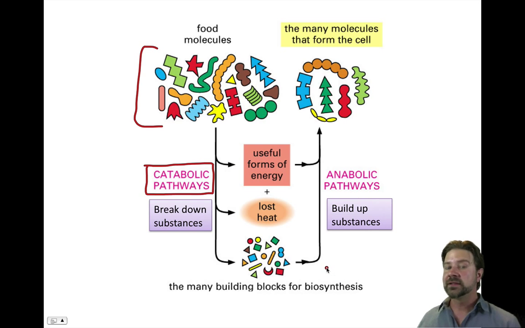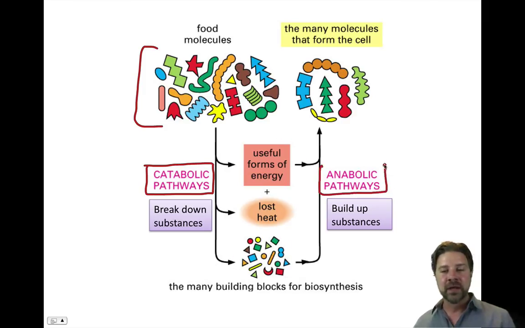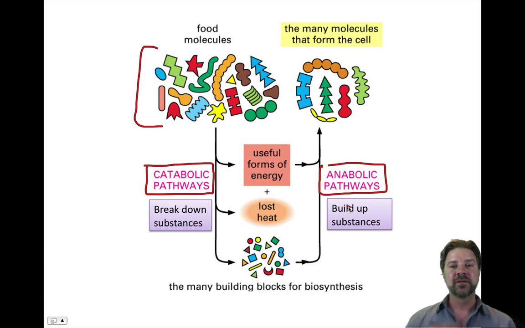We said synthesis was building things up. Because we're an organism in action that has a working metabolism 24/7, we need products built in our body every second of every day. So these little tiny parts are going to go through anabolic pathways, which are certain types of pathways that build up substances.